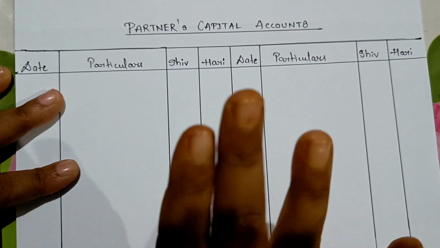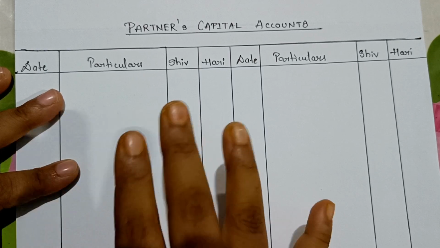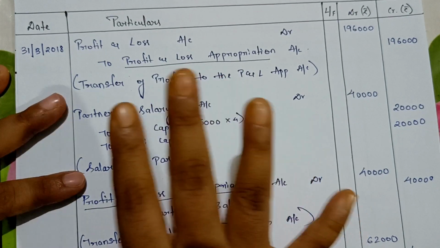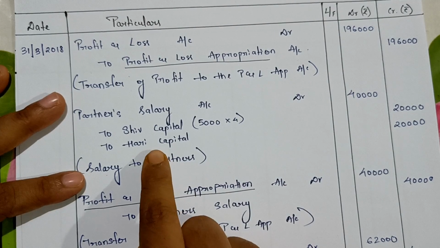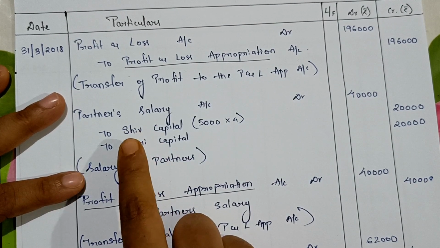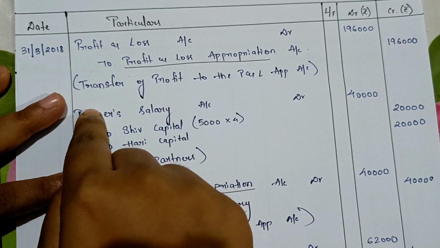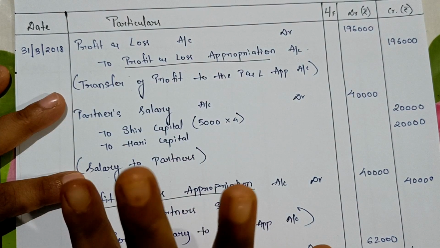Now this one is also very easy. This partners' capital account will also be made using the journal entries we have posted. So wherever we entered the partners' capital account, we have to post the opposite entry to the partners' capital account.